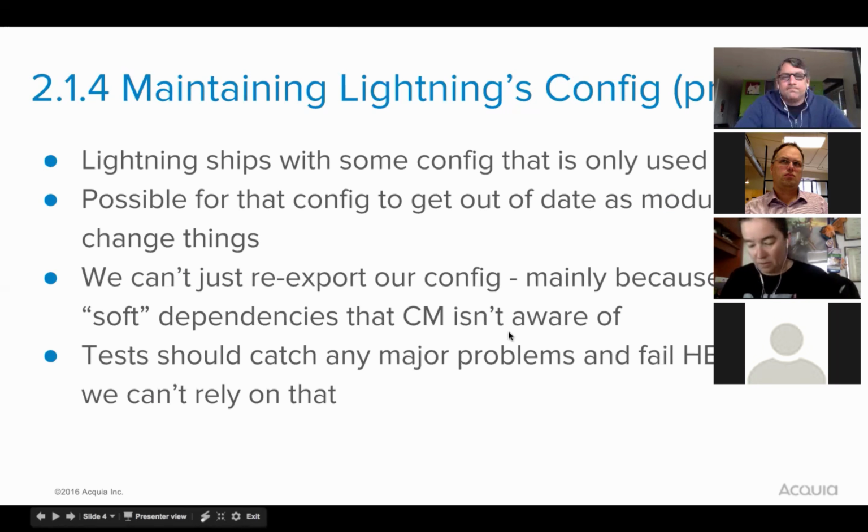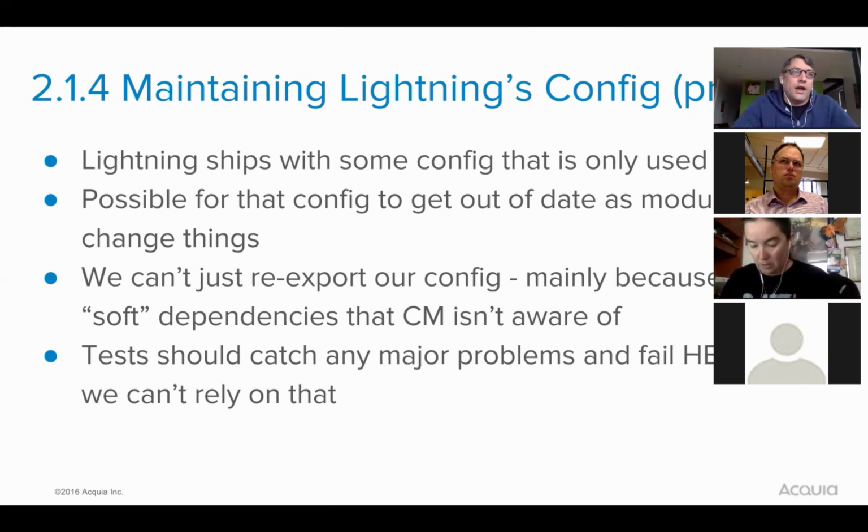Anyway, we would expect that to be caught by our test suite, but obviously we don't want to rely on that. We'd rather get out ahead of it. So what we ultimately want to do is detect changes to config, and to be clear, one solution would be just to re-export Lightning's config every time we updated a module. But the problem with that is Core's configuration system makes assumptions about hard dependencies between things.